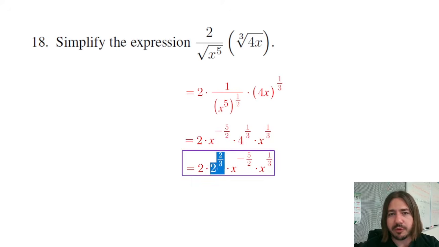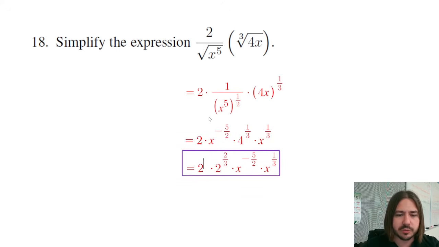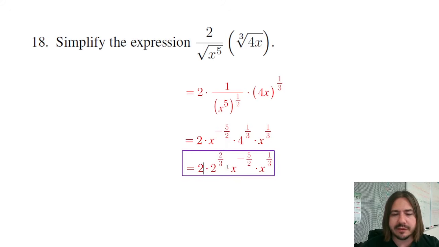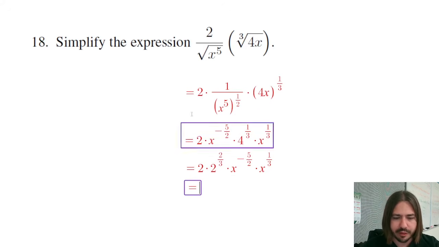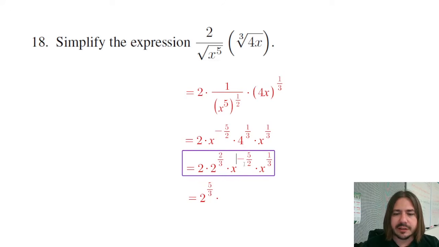The reason I'm rewriting that as a power of 2 is so that I can combine it with this other 2, which is really to the power of 1, but typically you don't write that. So now I've got just a product of powers with common bases. To combine these, all you need to do is add those exponents. So 1 plus 2/3 would be 1 2/3, or 5/3, times x to the negative 5/2 times x to the 1/3.